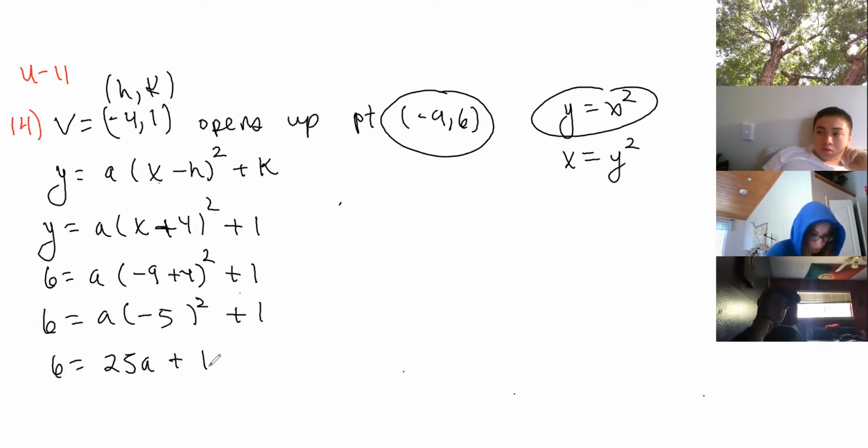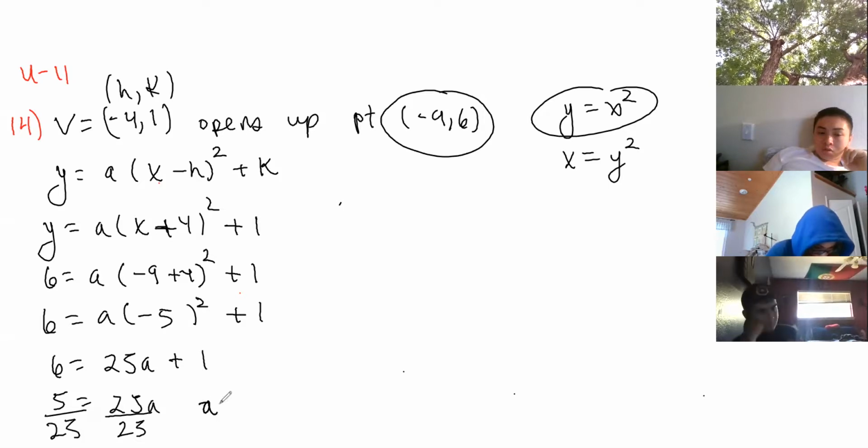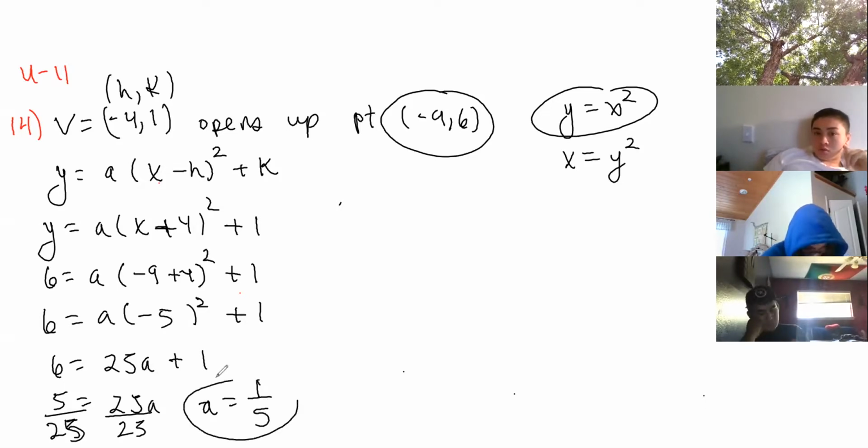And now I'm ready to solve. What do I subtract? The 1. So 25a equals 5. Divide both sides by 25. What does a equal? 1/5. And we said earlier a should come out to be positive because it's opening up. Did that work? Yep.